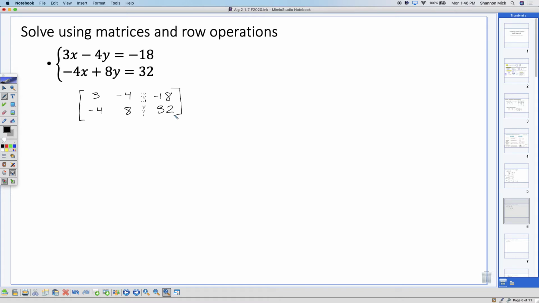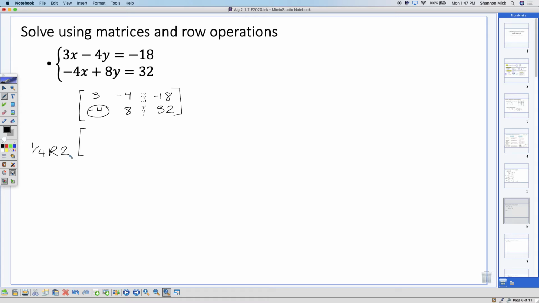Okay, so I need to get this negative 4 to be 0, yes? Can we reduce the 4, 8, and 32? Yeah, 4, 8, and 32 can all be reduced.